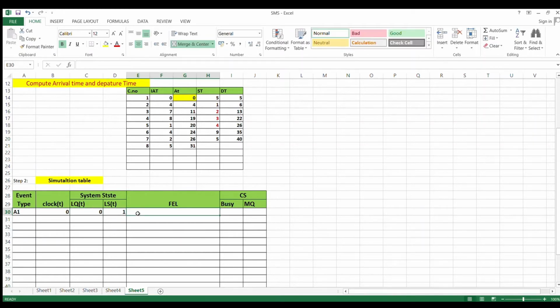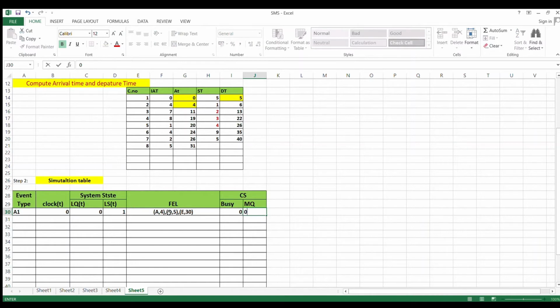Under the future event list, you have to write the departure and the next arrival. So arrival comma 4, departure comma 5, and the stopping event time 30 given in the question. So the initial busy time is 0, maximum queue is 0.